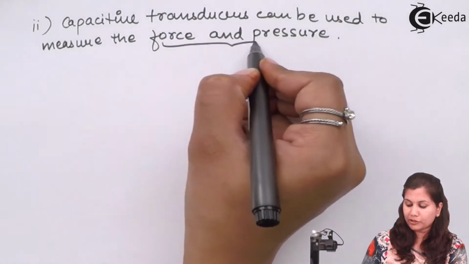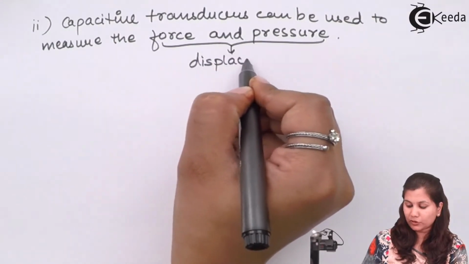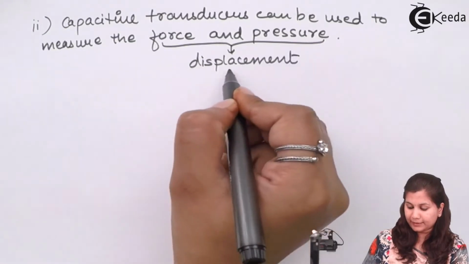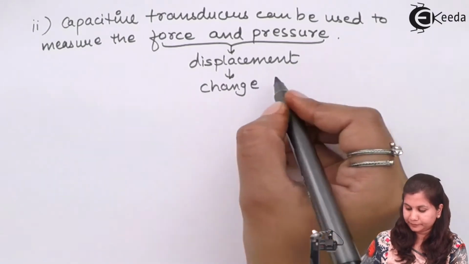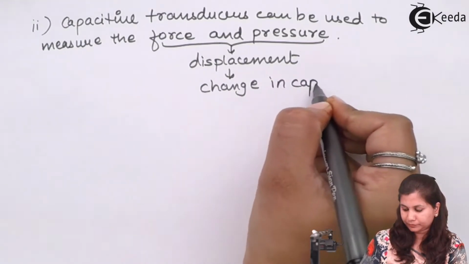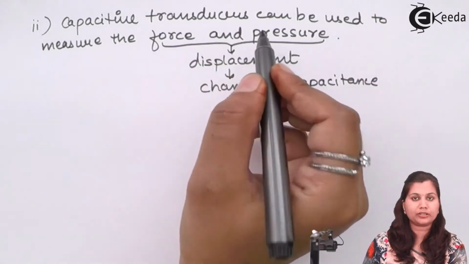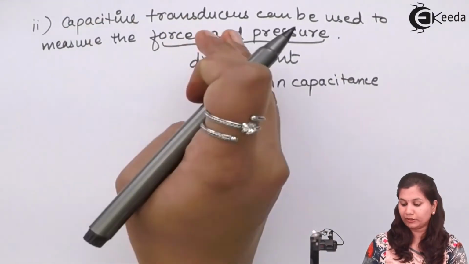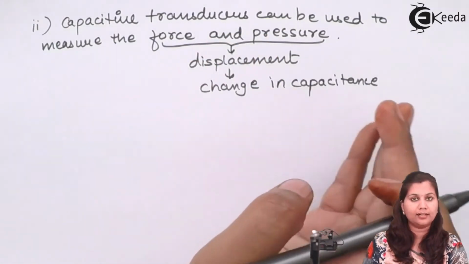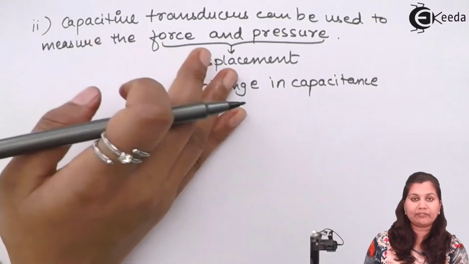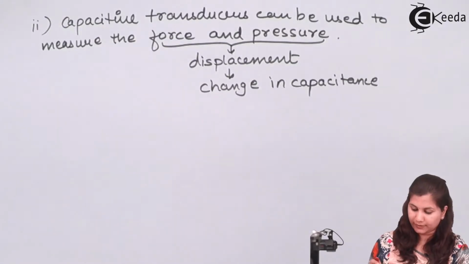First, the force and pressure are converted into displacement, and then the displacement is going to change the capacitance. In this way, force and pressure can be measured. They will first be converted into displacement, and displacement is going to cause changes in the capacitance. So indirectly, we can measure the force and pressure with the help of capacitive transducers.